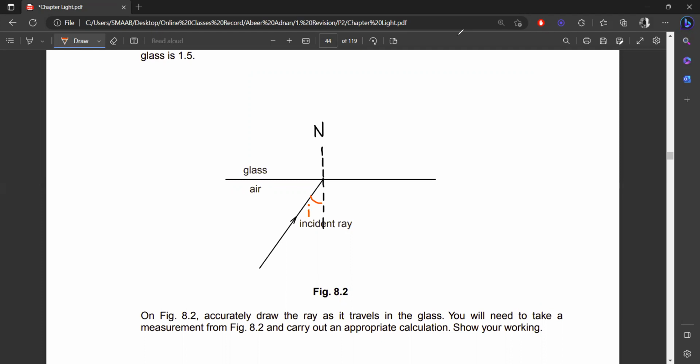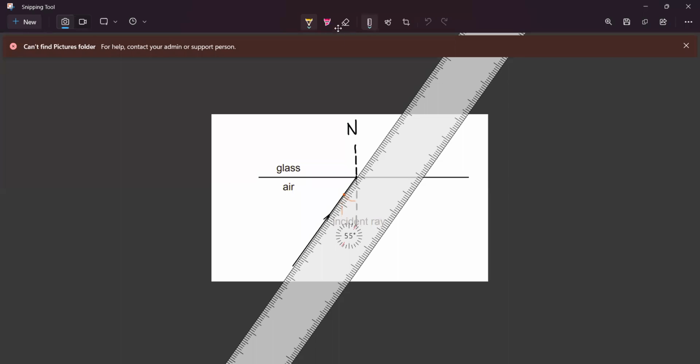If you place the protractor on the screen, that will also help you to find out the angle. Okay, screen is visible now.